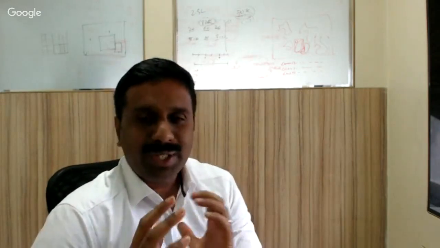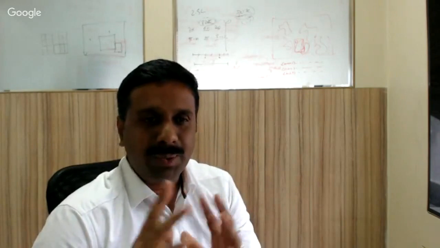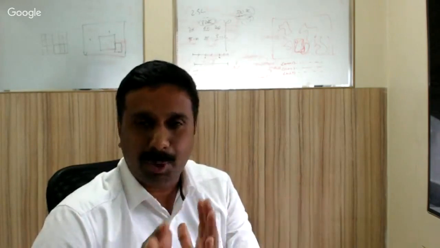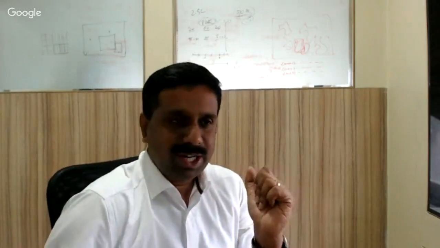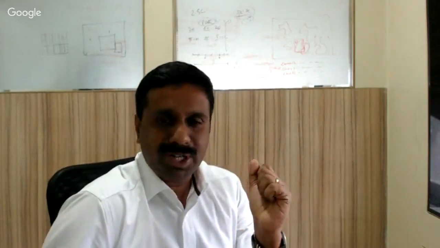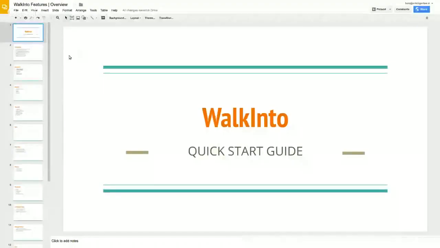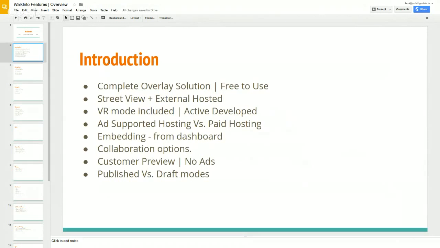So I usually use a format to make sure that we are covering all important things in this introductory session. So let me do a screen share, and I have a small presentation put together. I'll be going back and forth between the screen share and the video, so that you'll get an idea about where we are going.